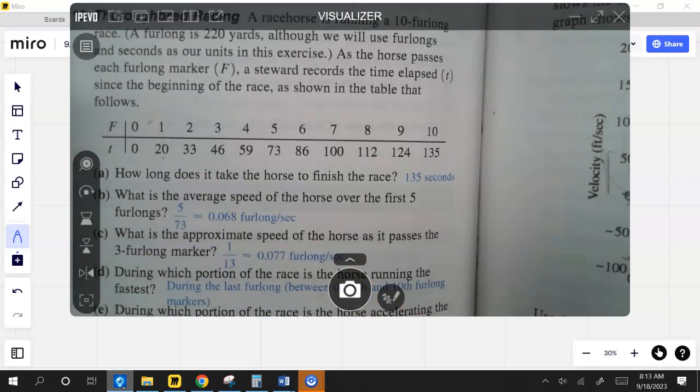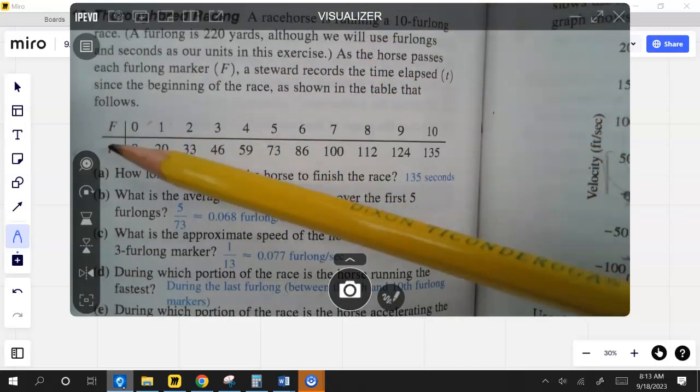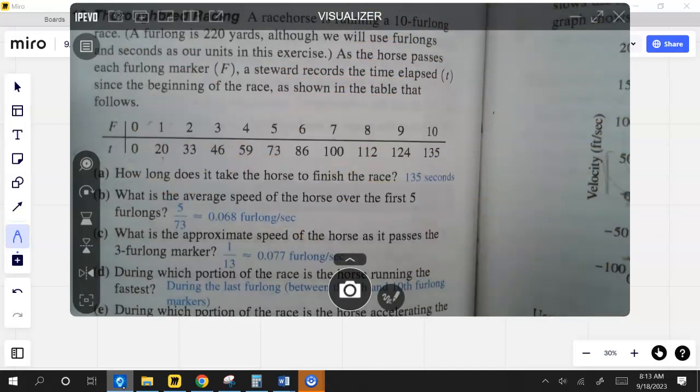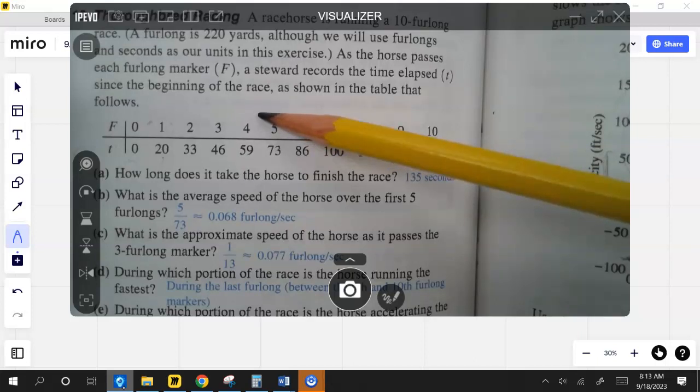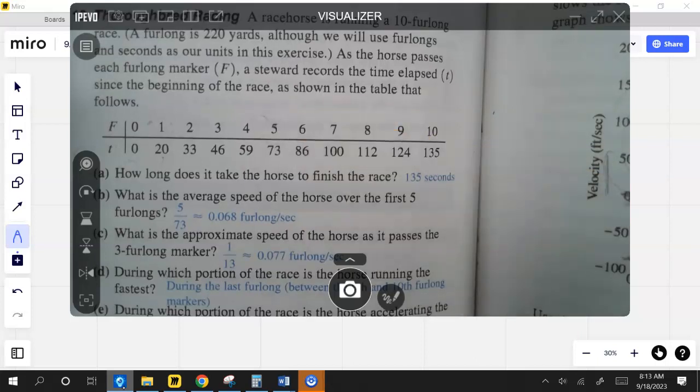That's your independent variable. So that's why we have to flip it. Really, this is like y and x instead of x and y. If you want speed, I want the time on the bottom, right?